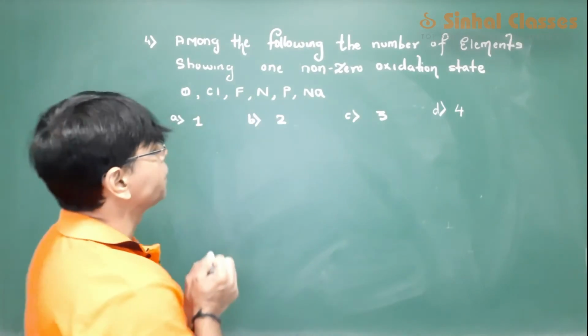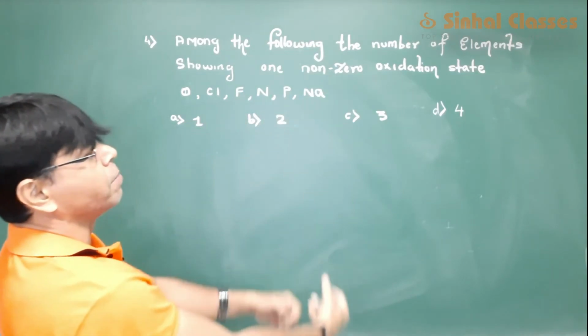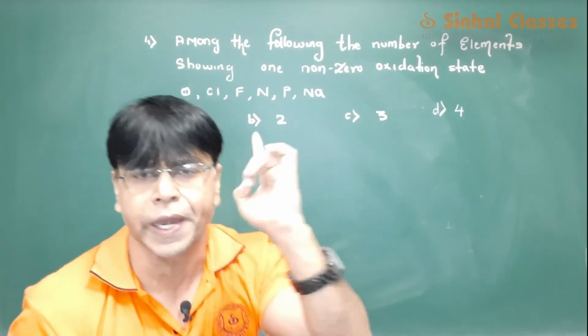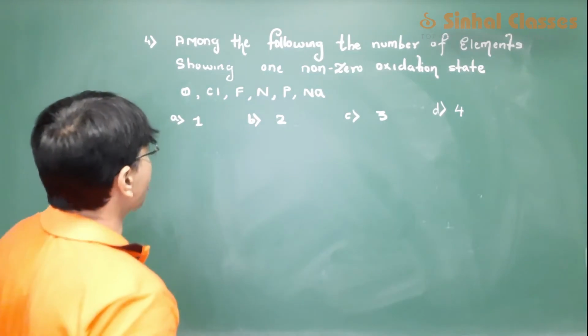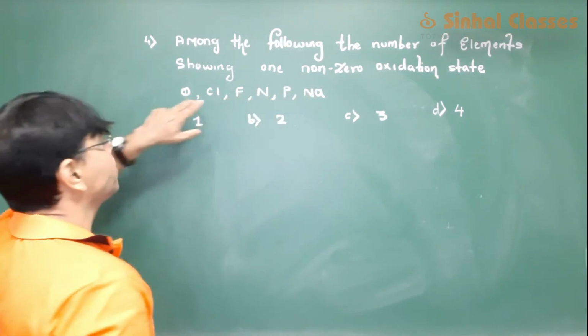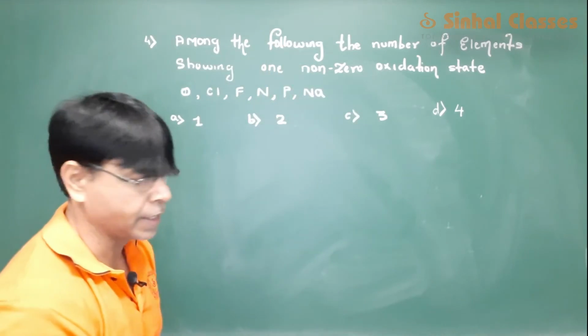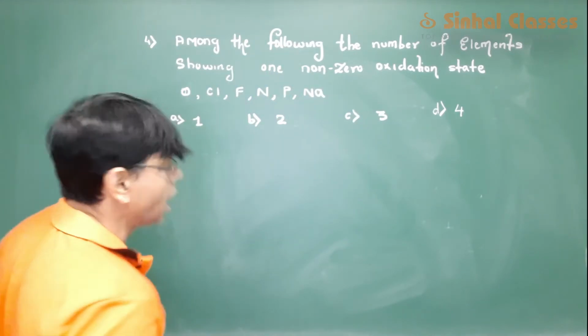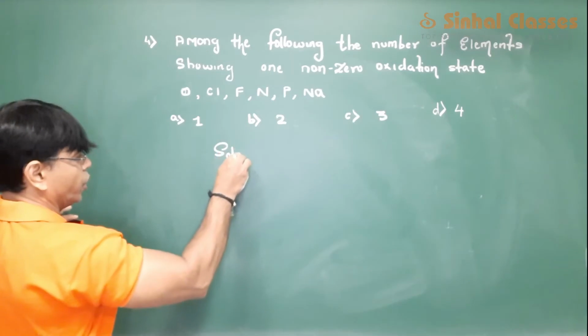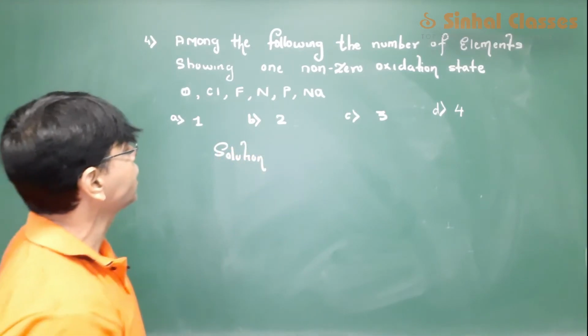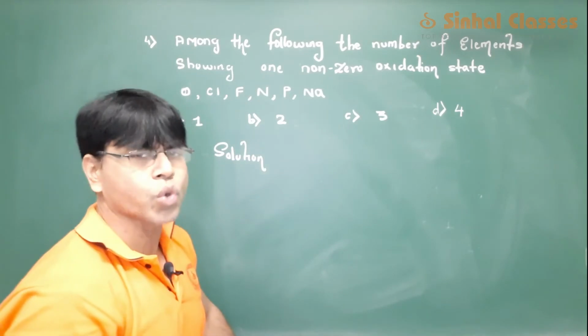It says to find out those elements which can have only one oxidation state. Among them, how many elements have only one oxidation state? That's what you have to find. So let us see now.